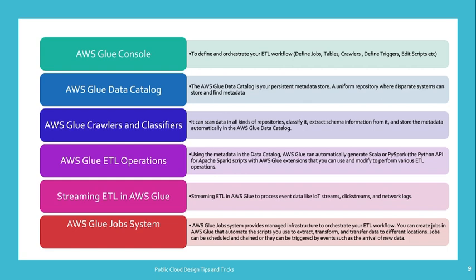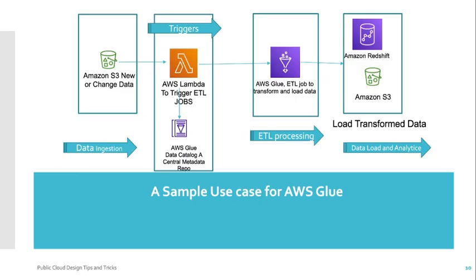You can create jobs in AWS Glue that automate the scripts you use to extract, transform and transfer data to different locations. Jobs can be scheduled and chained, or they can be triggered by events such as the arrival of new data. Let's try to understand a scenario. You have Amazon S3 where you store your data, or also update the data. When you are storing or updating the data, there will be an event which will trigger the AWS Lambda service to trigger the ETL jobs.